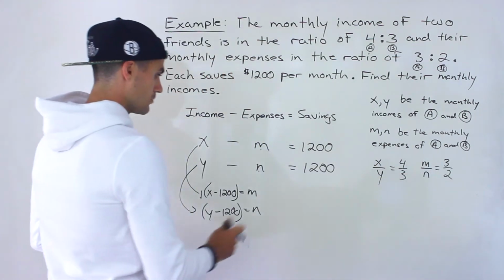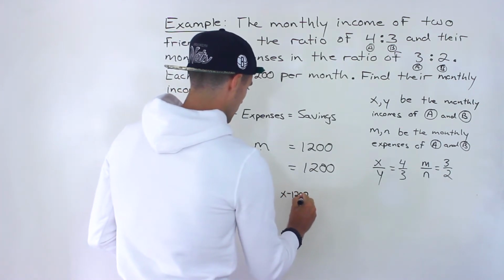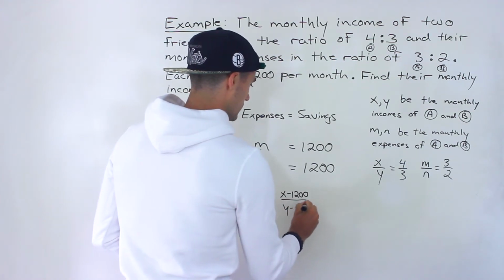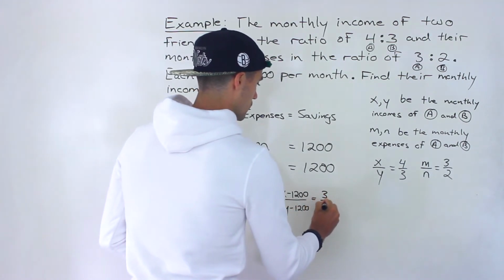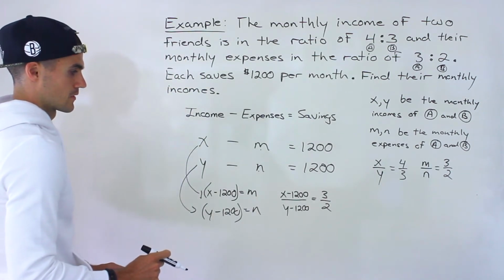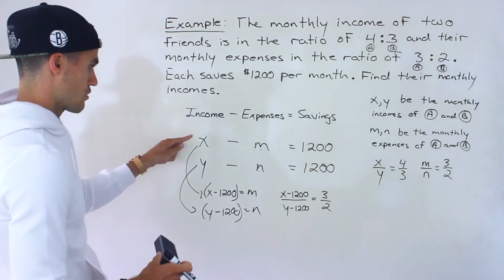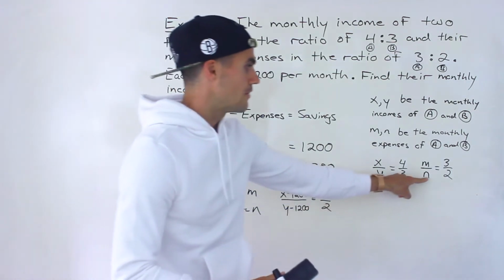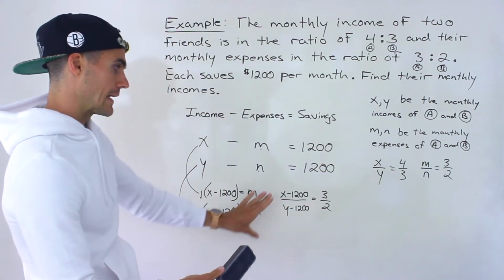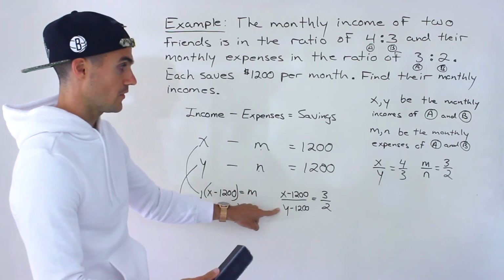And so what we would end up with is X minus 1200 over Y minus 1200 is equal to 3 over 2, like that. So what we did was we basically took these three equations, combined them into one, and now we have an equation in terms of two variables, X and Y, to solve for.